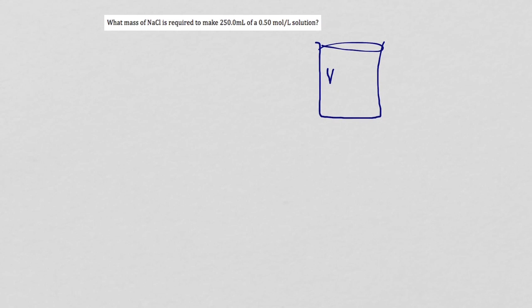If you picture this again, I'll use beakers because it's simple, you have a solution of 250 mL, which I'll change to liters actually, and the concentration is 0.5 moles per liter.